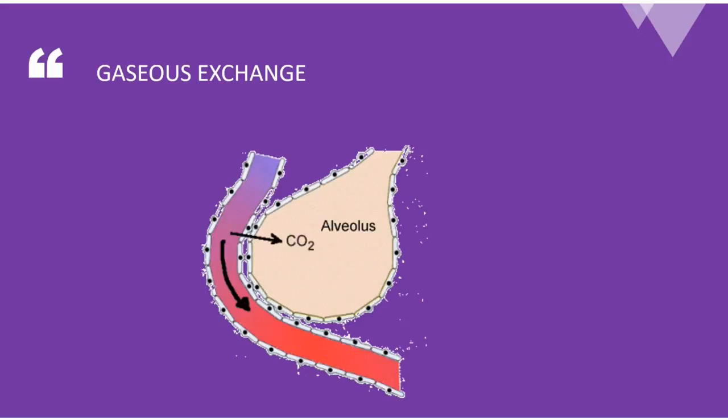The deoxygenated blood for purification will flow along these alveoli, and all the oxygen molecules from your alveoli will be diffusing to the deoxygenated blood vessel. This oxygen will combine with the red blood cells, and the carbon dioxide from your deoxygenated blood will be diffused back to the alveoli.